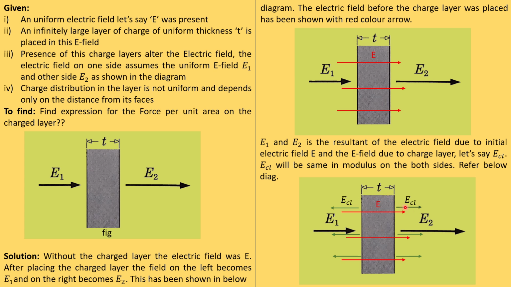So ECl on the right side will be in this direction, and ECl on the left side will be in this direction. Since it is an infinitely large layer of charge, this will be uniform outside and perpendicular to it.